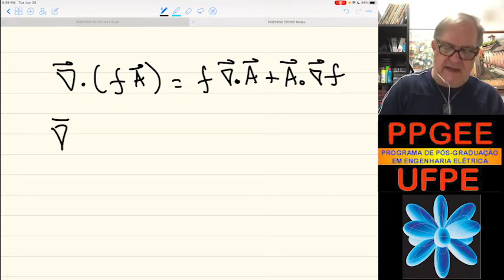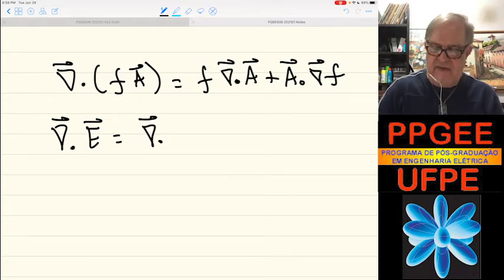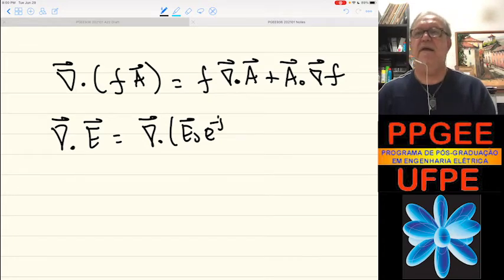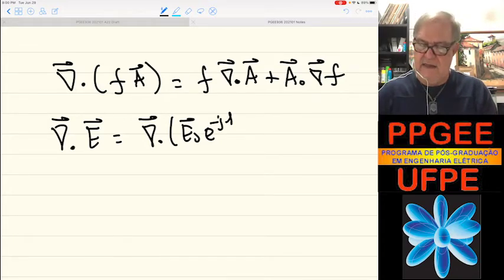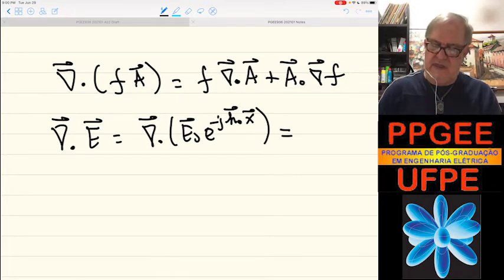Now we want to calculate the divergence of E0 exponential minus j k dot x. The function is a complex exponential, and the vector is a constant vector.